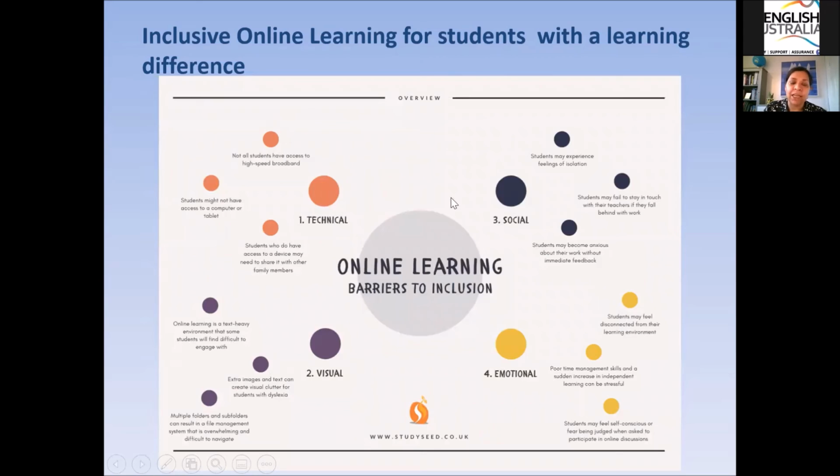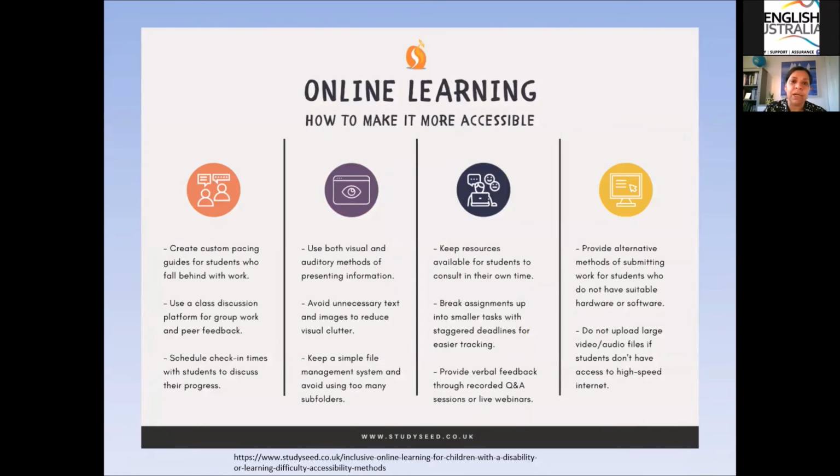So again, here you've got a slide on online learning barriers to inclusion, and what the problems could be as well. I won't read through them. I'll allow you to have a look at this slide for yourself, and you can send questions through, Sophie, if you want to, and how to make it more accessible for your learners who are learning differently.